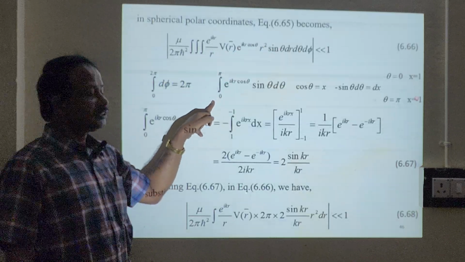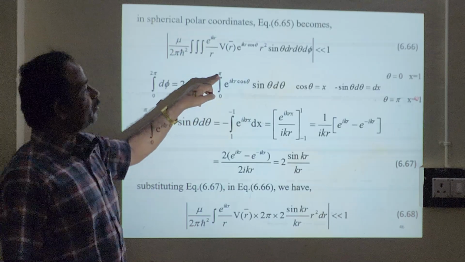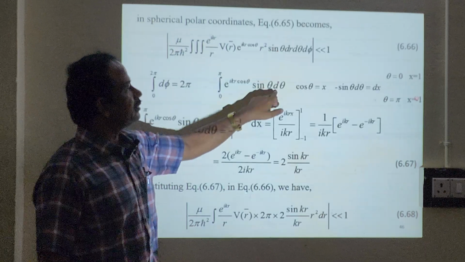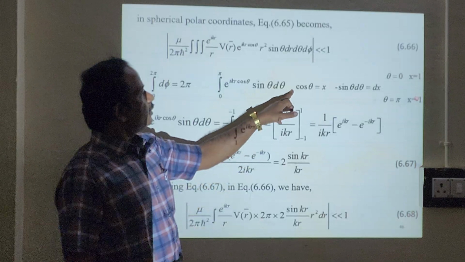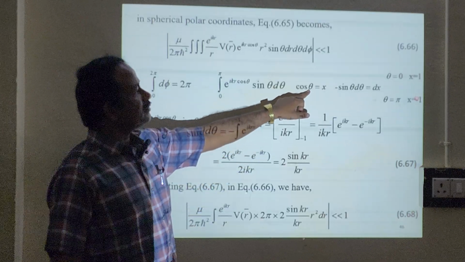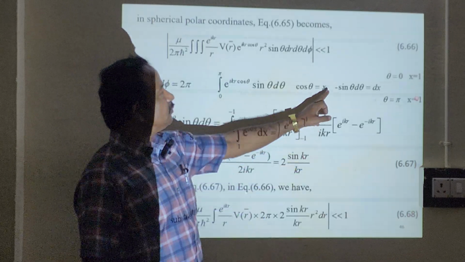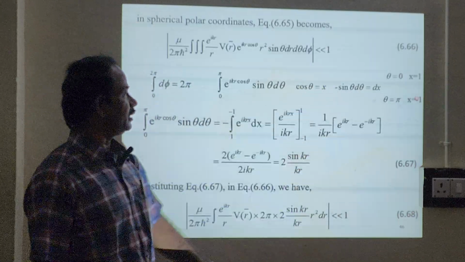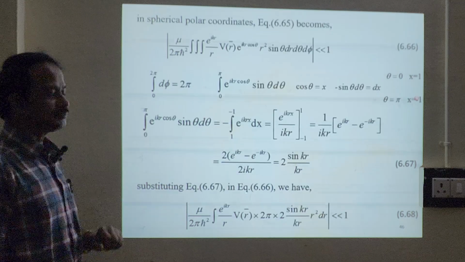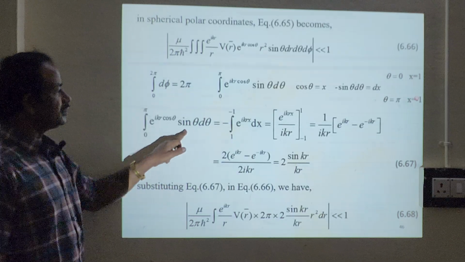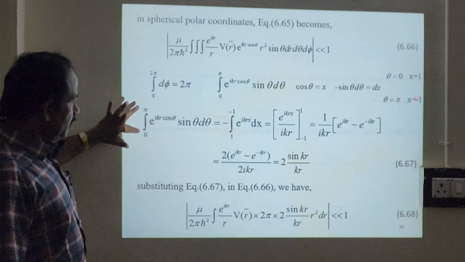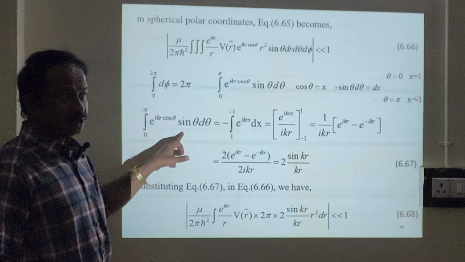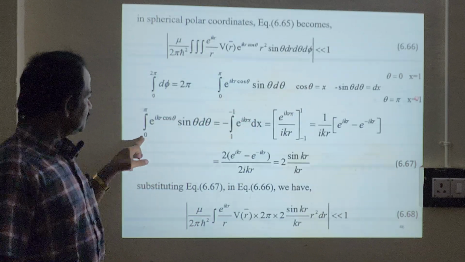The second integral is with respect to theta: 0 to pi e power i k r cos theta sin theta d theta. Now let cos theta equal x. Differentiating gives minus sin theta d theta equals dx. You substitute in this equation, which is now in terms of x, whereas the limits are in terms of theta, so you have to change the limits also.